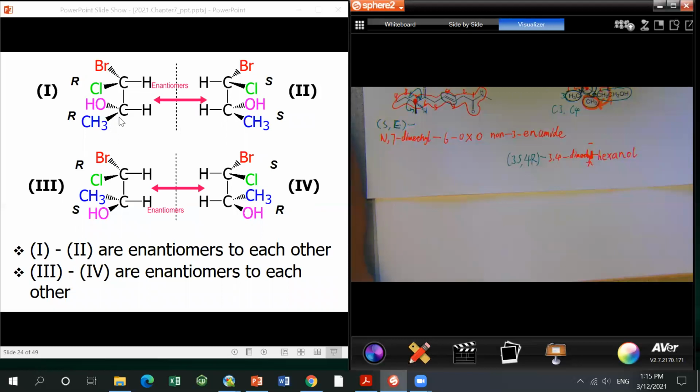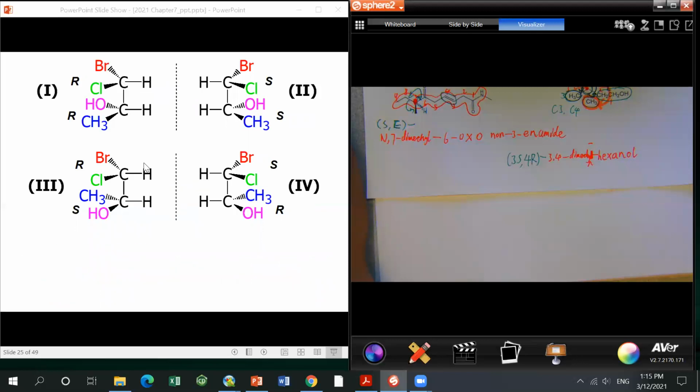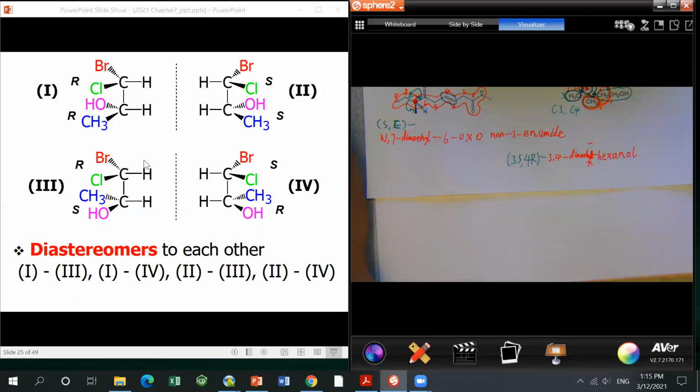For those pairs, we have 1 stereocenter with the same assignment. For example, 1 and 3: the top carbon, both are R, but the bottom carbon, one is R, one is S, so they are opposite. Those we call diastereomers. So in this case, there are 4 pairs of diastereomers: 1,3, 1,4, 2,3, and 2,4.